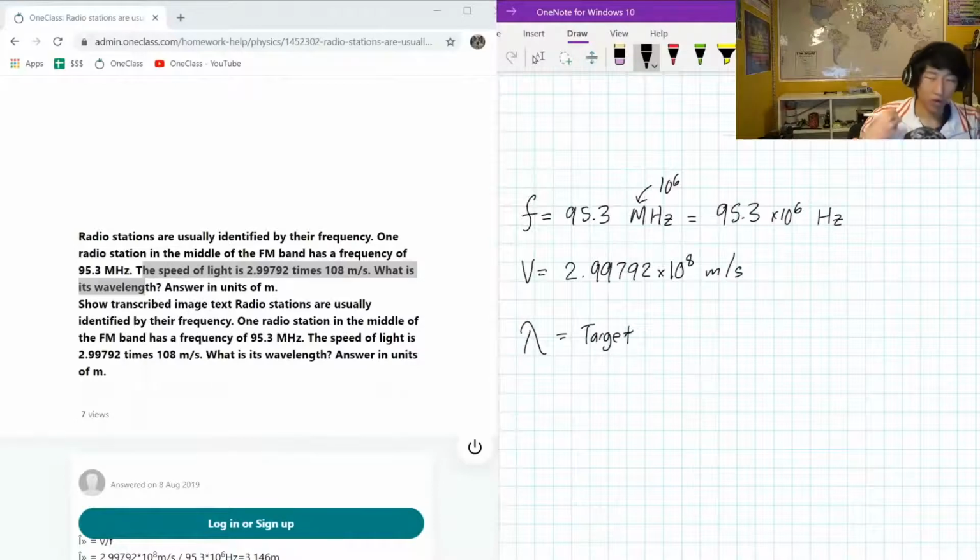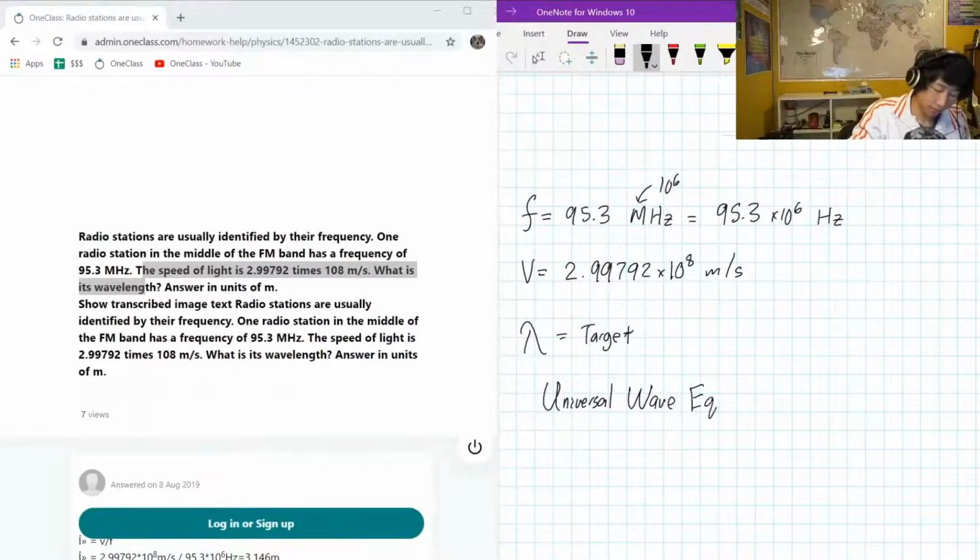Okay, so the way that we want to address this question is with something beautiful called the universal wave equation. Essentially, the universal wave equation is that velocity is equal to the frequency times the wavelength.